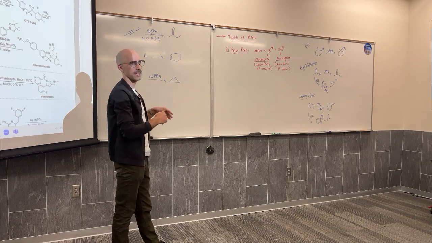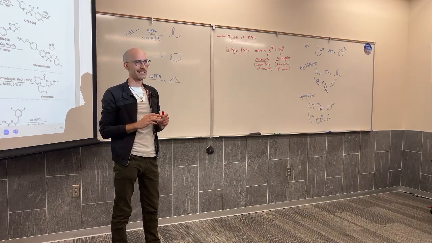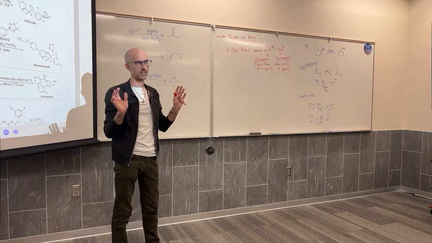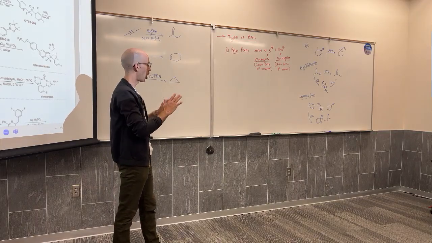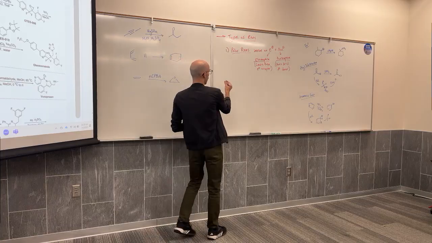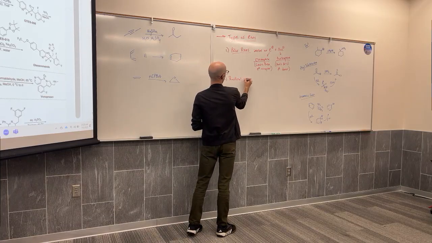All of the reactions that we have seen so far were polar reactions. 95% of the reactions that we'll cover this semester are polar reactions, even in all of OChem 2 as well. The other class is just best called radical reactions.